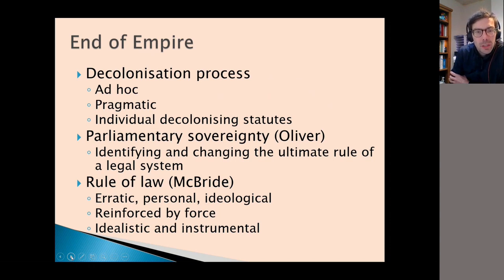And there's a discussion of those things in relation to the impact on the constitution in terms of the key principles of parliamentary sovereignty and the rule of law, with writings from Oliver and McBride there, and a bit more discussion on the rule of law.